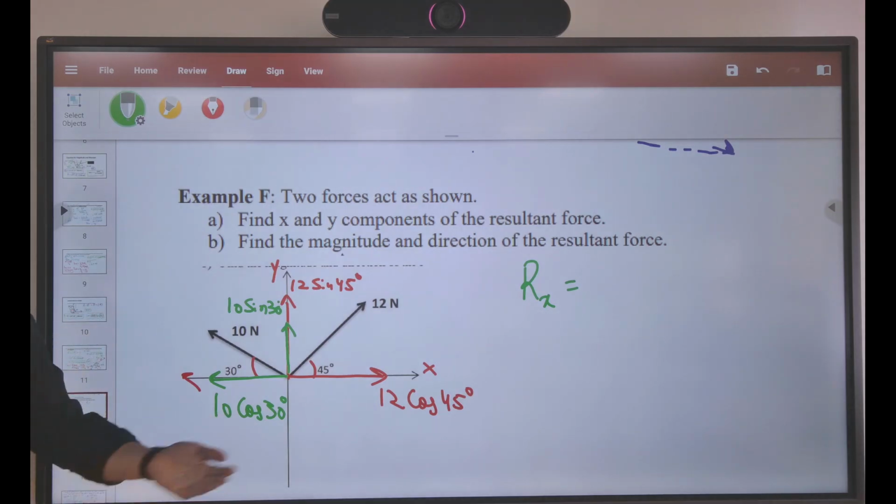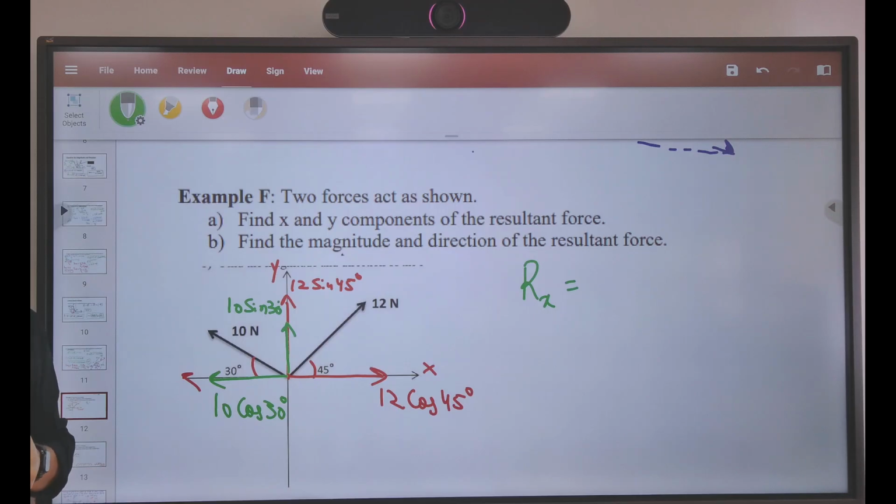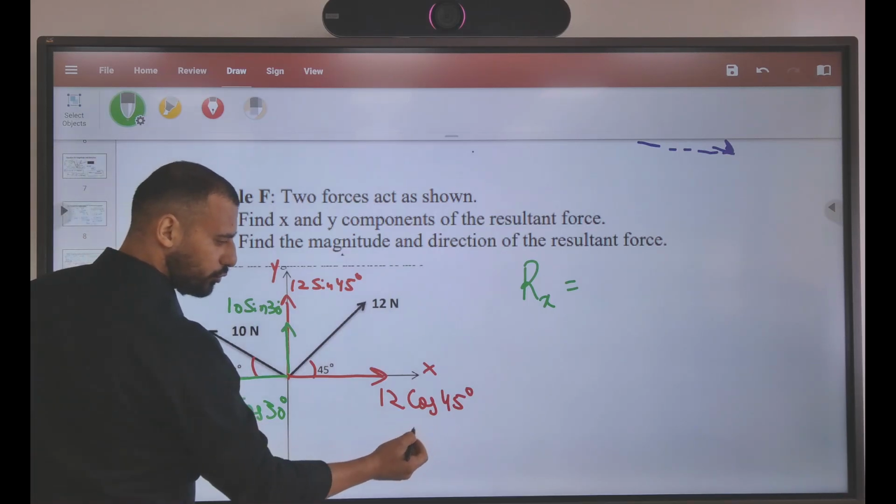Try to solve it. Which one is more, 12 cos 45 or 10 cos 30? This will be 12 upon root 2, right?